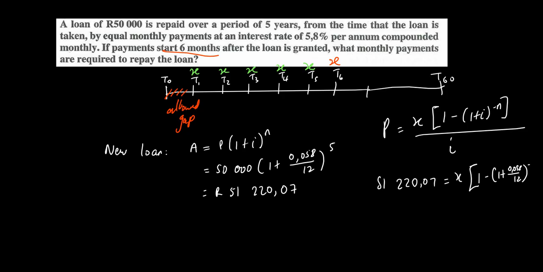No, wait. What do we use as our n here, guys? Can you type for me there? What do you think is n? Is it 60? Is it 59? Is it 54? Is it 55? Please type for me there.